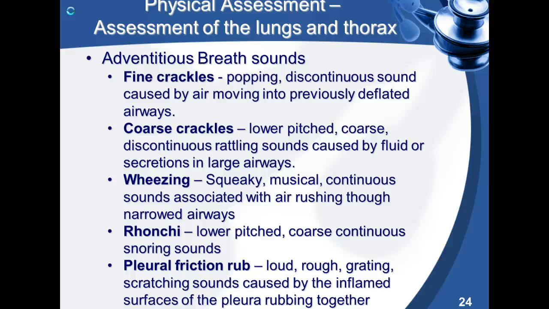As far as the adventitious breath sounds, you have fine crackles, coarse crackles, wheezing, rhonchi, and pleural friction rub. You're able to describe them on your own, but this is the list of what we consider adventitious breath sounds.